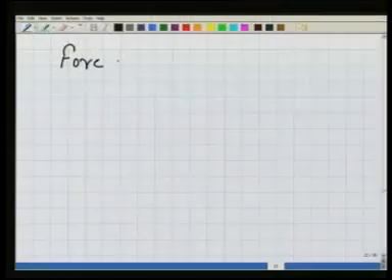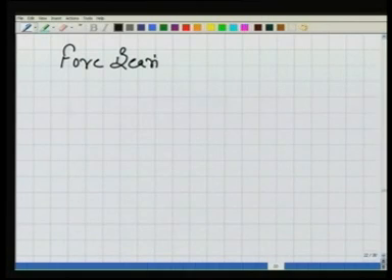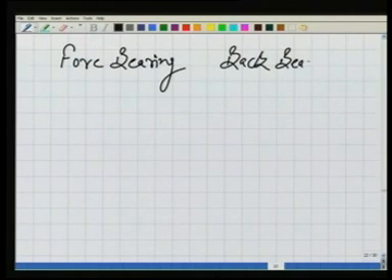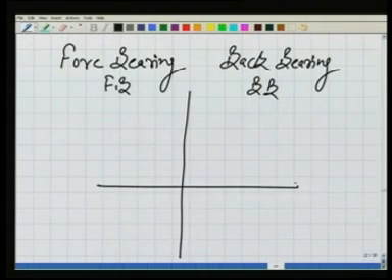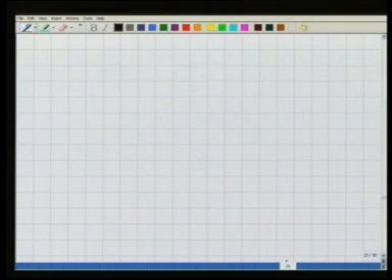One is fore bearing and the other is back bearing. It is written also as FB and BB. What are these? Okay, let me draw it separately here.